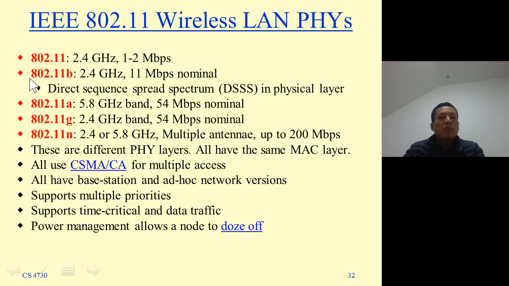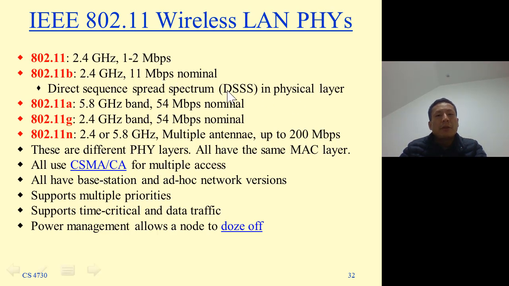Instead, the widely used Wi-Fi protocol suite is 11b, 11a, 11g, 11n. 11b uses the same 2.4 gigahertz spectrum and can achieve 11 megabits per second throughput.